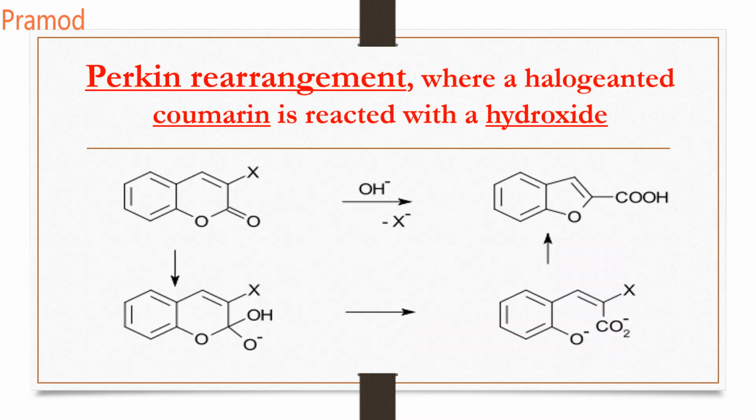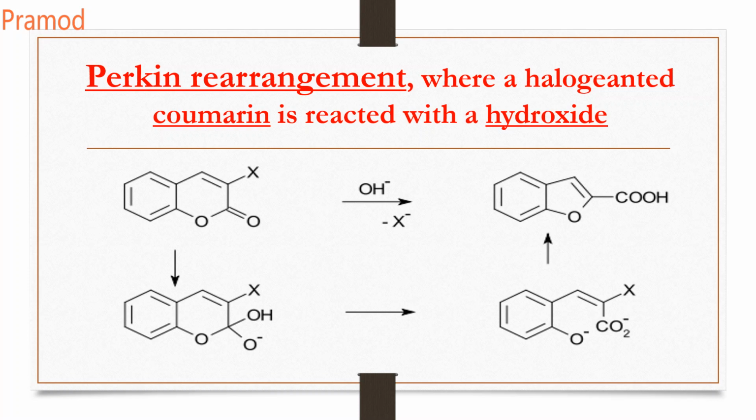Next is the Perkin rearrangement, where a halogenated coumarin is reacted with sodium hydroxide. What happens when you treat it with sodium hydroxide? The hydroxide attacks the carbonyl carbon and there is ring opening.